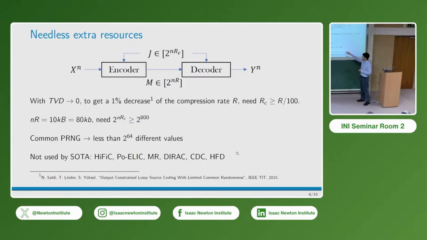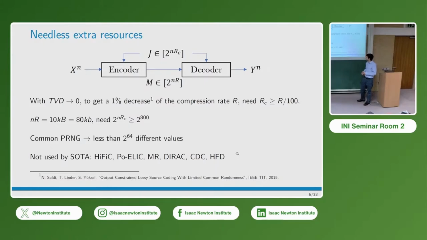The theory shows that if you impose this very strong constraint of distribution matching with a divergence, then you need common randomness between the encoder and the decoder to reach the optimal performance. Common randomness is a random variable that is available at both sides without the need for communication. It kind of comes from the environment.